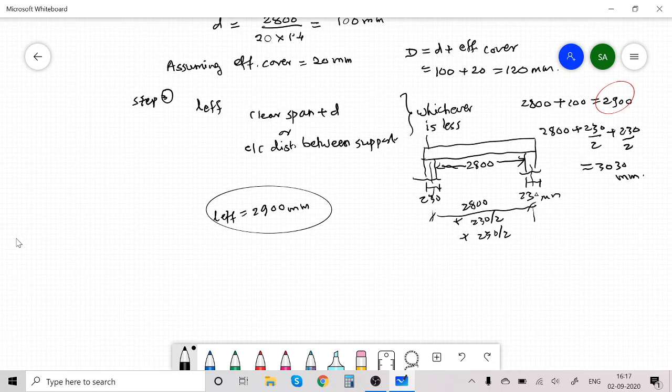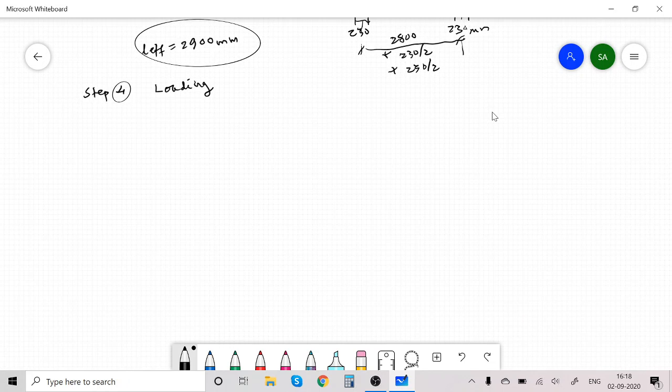Okay. Now the step number 4, loading on the slab. The loading will consist of dead load, live load, and floor finish load. So first of all, dead load is given as 25 into D. 25 is the unit weight of RCC fixed in kilonewton per meter cube, and D is the overall depth of the slab.